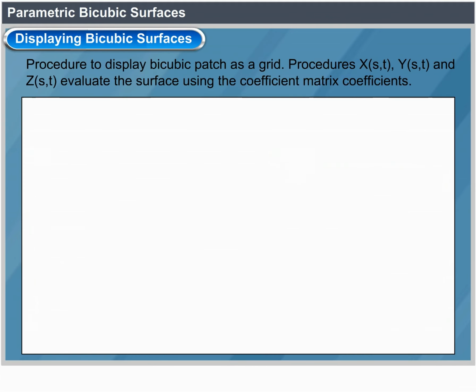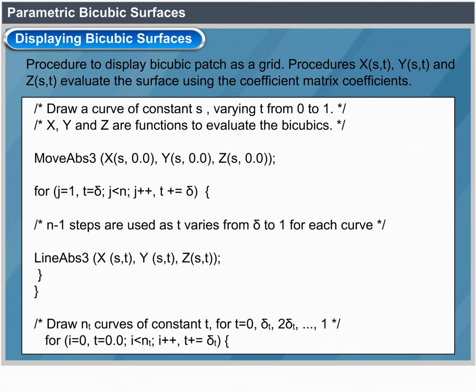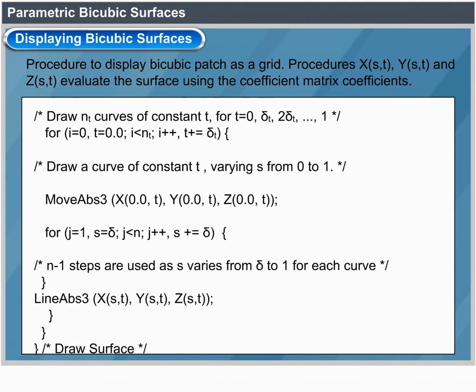The figure shows the procedure to display a bicubic patch as a grid. Procedures X, ST, Y, ST and Z, ST evaluate the surface using the coefficient matrix coefficients.